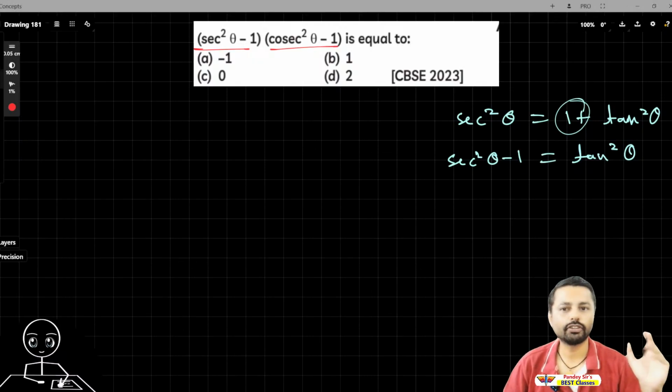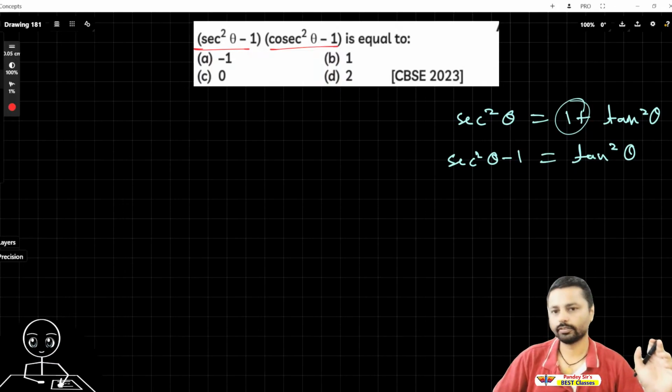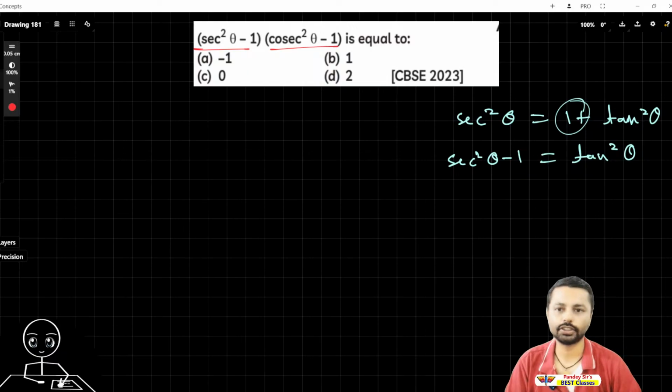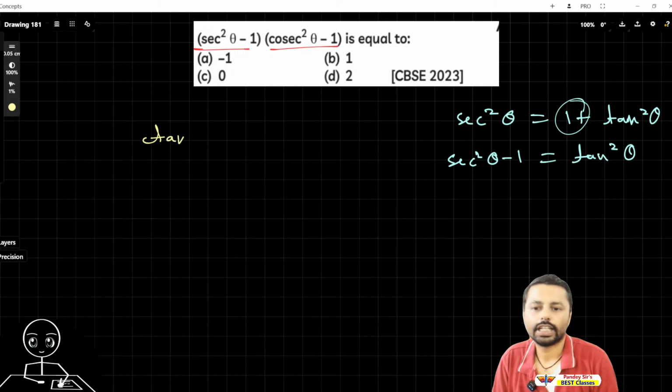Now you tell me what will be tan squared theta into cot squared theta. I am giving you a few seconds. Try it once. I already have given the biggest clue. Your time's done. We get tan squared theta into cot squared theta.